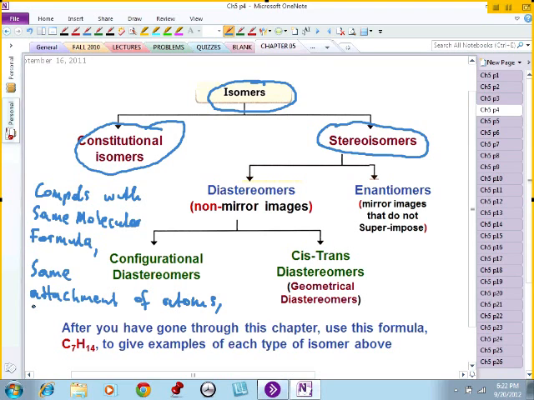Stereoisomers. These are what I'm doing here, defining stereoisomers.